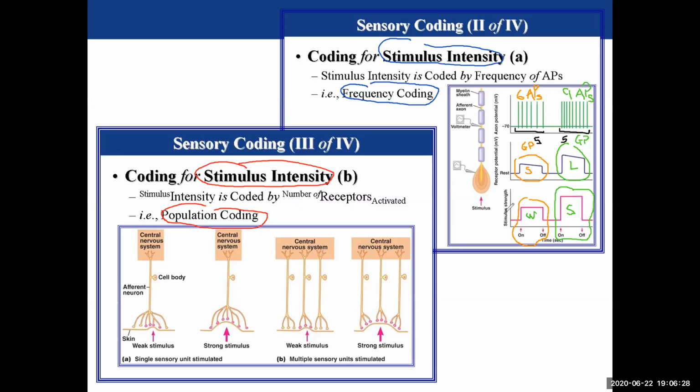So what is new is the coding, right? Based on the frequency of firing of action potentials. Frequency means here, again, the number of action potentials being generated per unit time. And that per unit time, you can express it per second, per minute, per hour or per day.